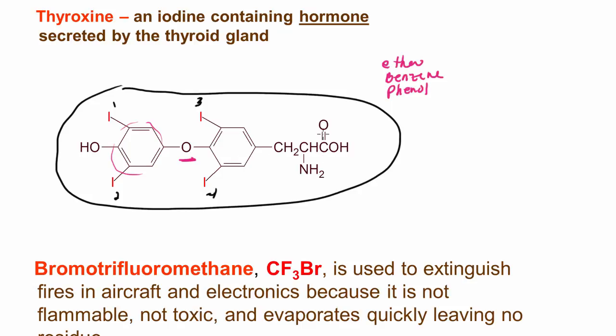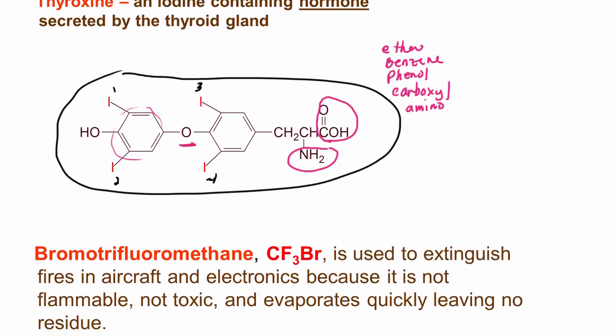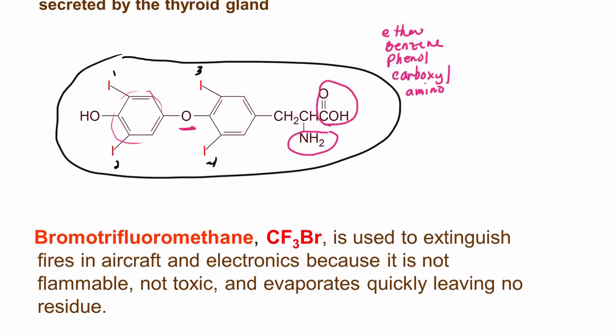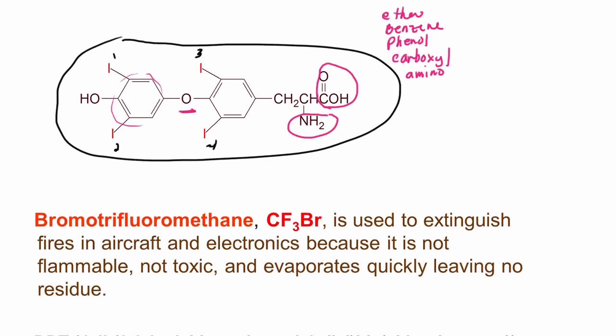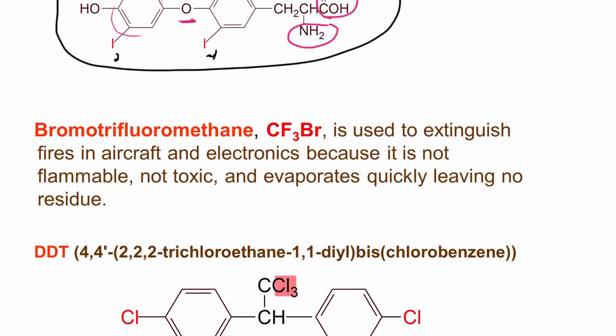And if we look at this over here, we have this carboxyl group. Okay, so carboxyl group. And here we have an amino group. So thyroxine has quite a few different functional groups in it. But again, this is the main compound that contains a halogen that is important biologically.